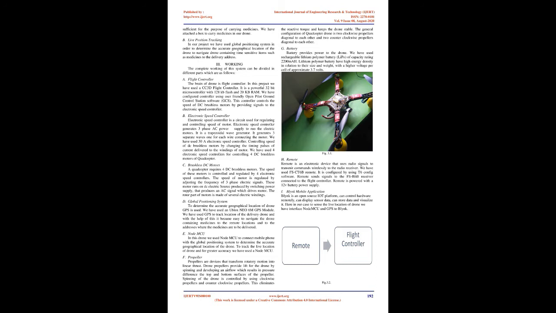The remote using radio signals sends the signals to radio receiver connected to the controller. Flight controller on receiving these signals controls and regulates the rate of speed of DC brushless motors by providing signals to the ESC. The motors used play a vital role in deciding the payload of drone. The motors used provide a maximum payload of 1200 kV which is sufficient for the purpose of carrying medicines. We have attached a box to carry medicines in our drone.